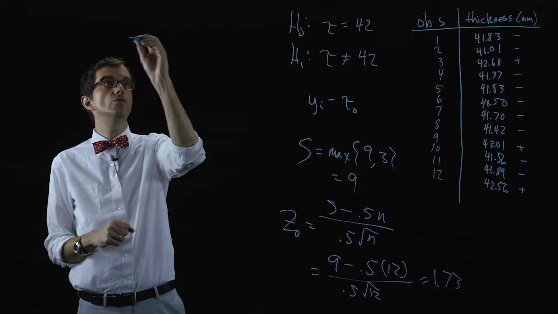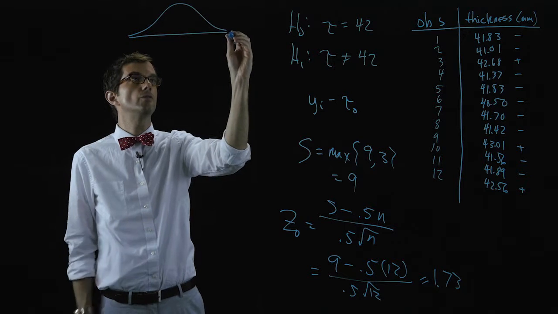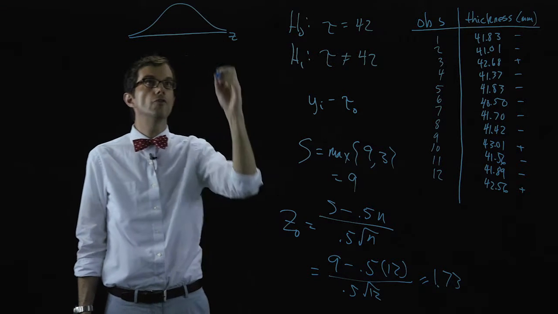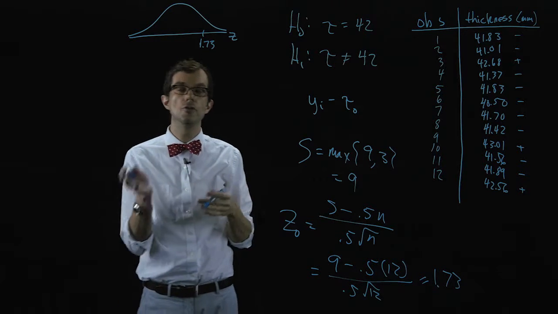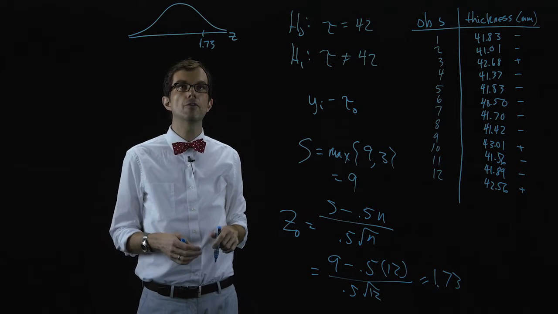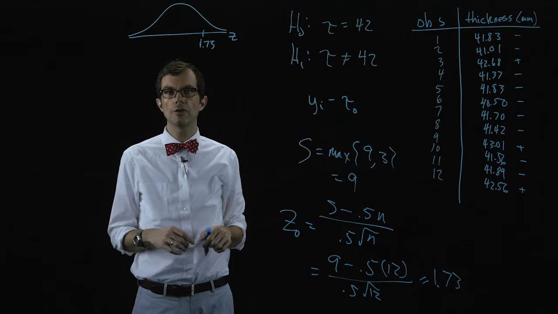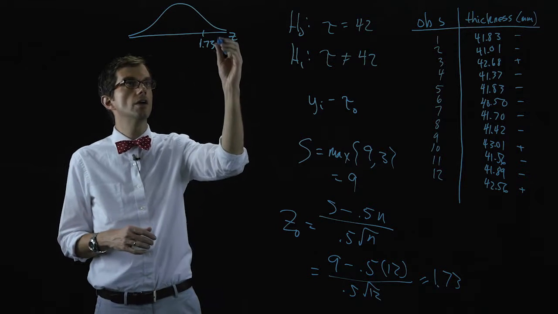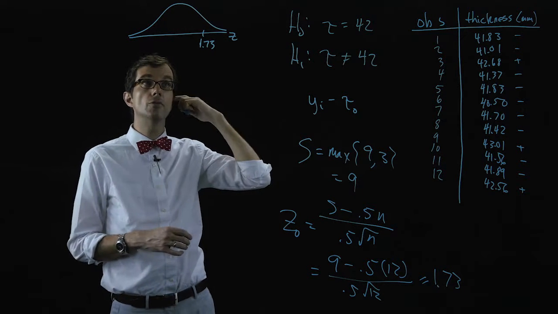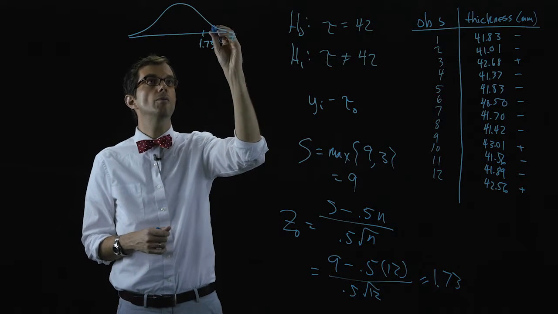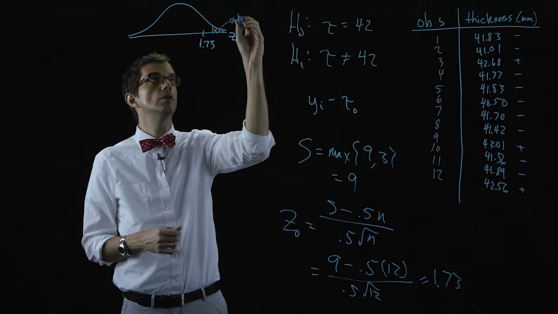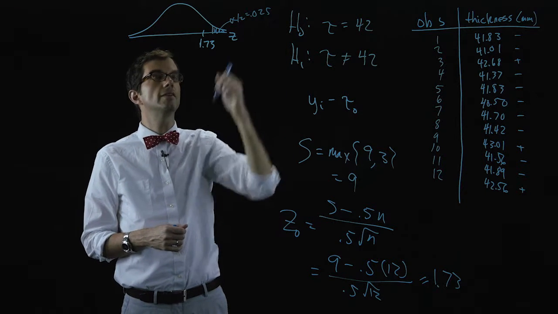So we could go to a z distribution, go over here and plot 1.73, and we could do the p-value approach or the critical value approach. Let's just do the critical value approach first. Let's say we wanted to draw conclusions with 95% confidence. That would mean alpha over 2 of 0.025 would be in the tail.